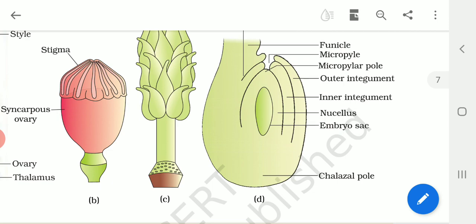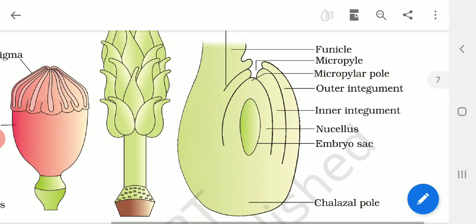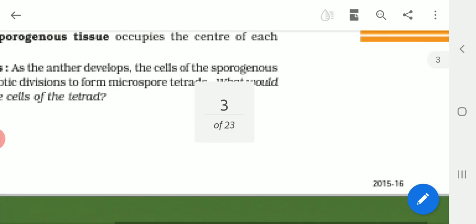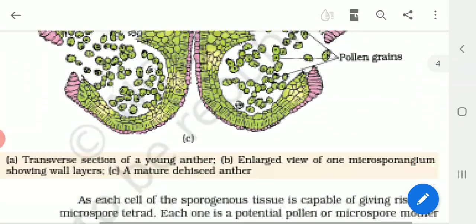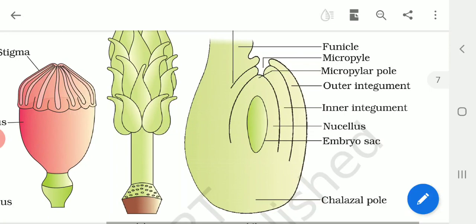Now each ovule consists of a mass of cells called nucellus, which is surrounded by the integuments. You can see here the outer integument and also inner integument.